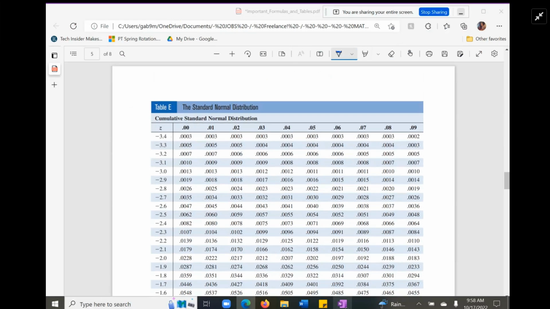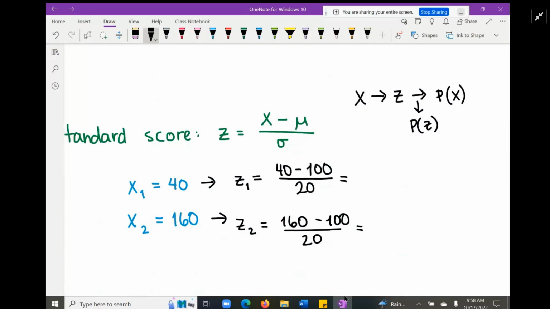But anyways, let's see what we get here. We're going to convert from the x values to the z-score, and then use the z-score to find the probabilities.